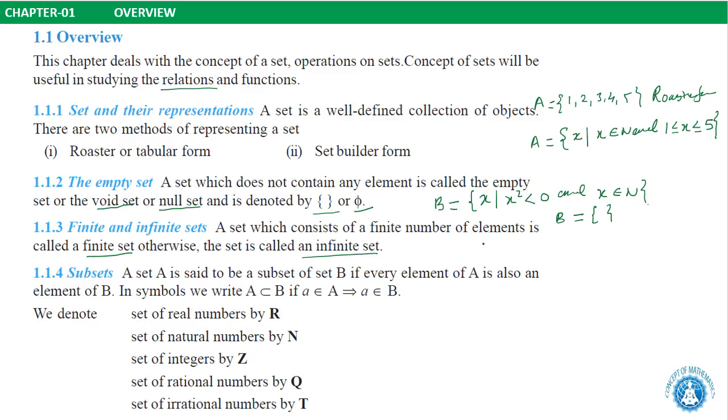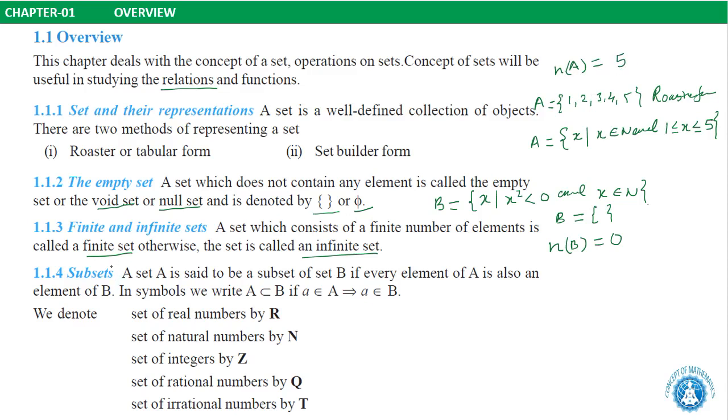Empty set is also a finite set, because the number of elements in the empty set is 0. That is, the number of elements in B is equal to 0, and the number of elements in A is equal to 5. The cardinality of set A is 5.